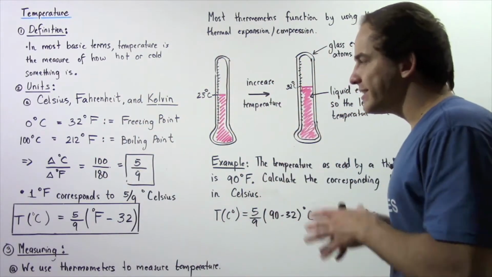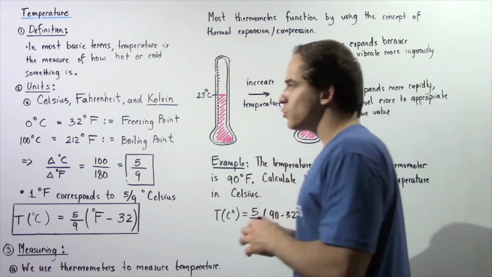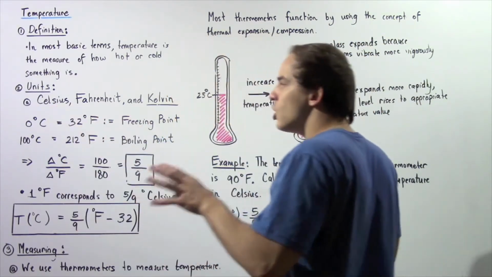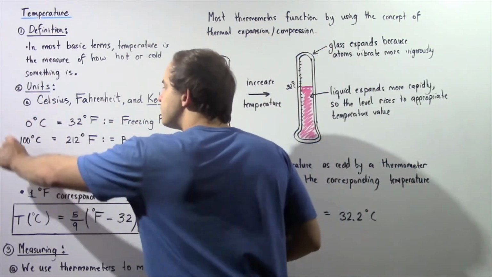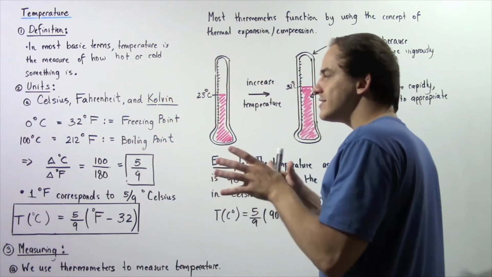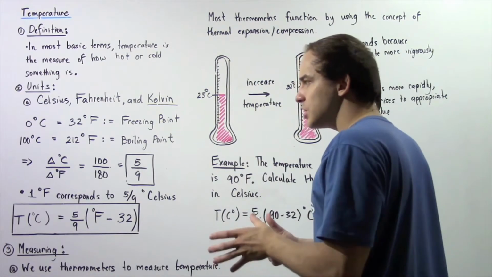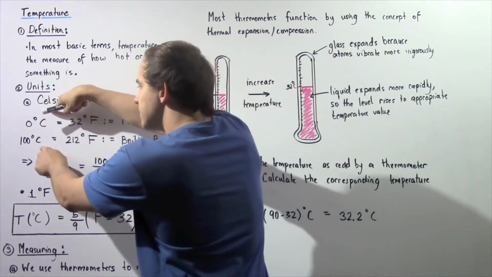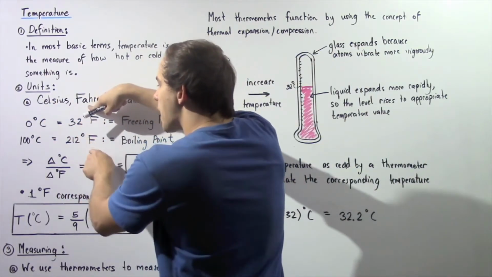So if we want to develop a relationship between Celsius and Fahrenheit, we can use the range values of these four values as shown. We essentially want to find the ratio of the change in Celsius to the change in Fahrenheit.